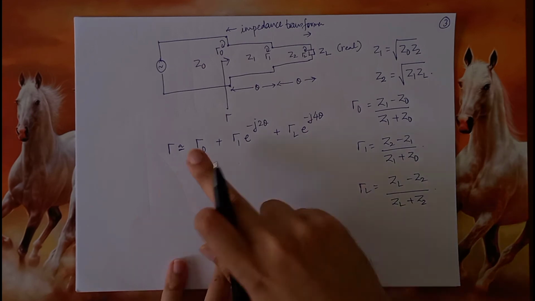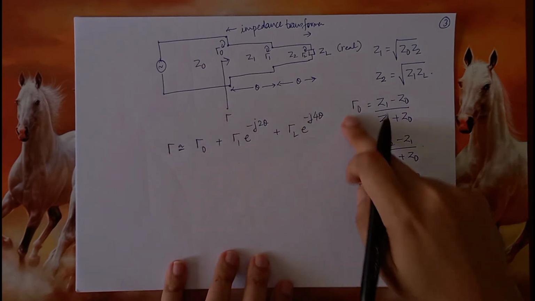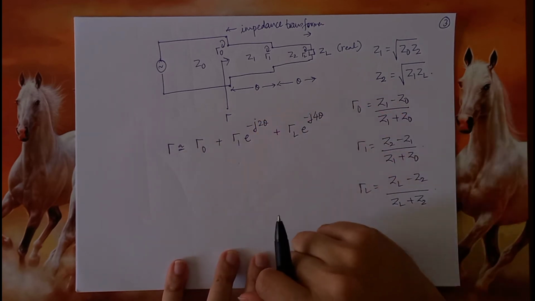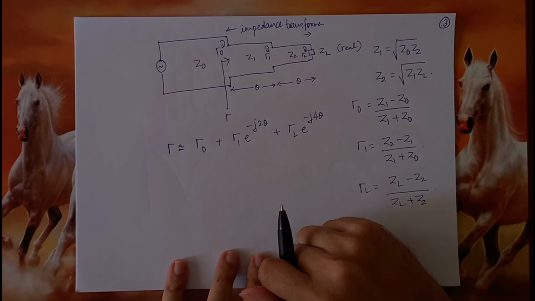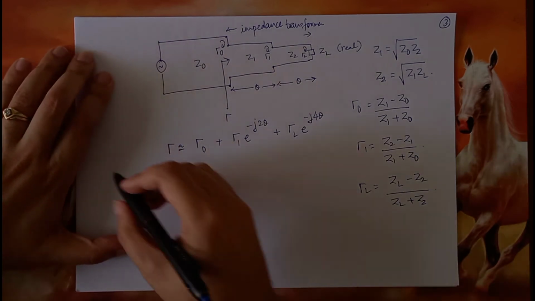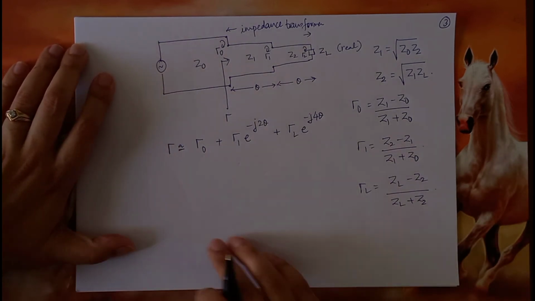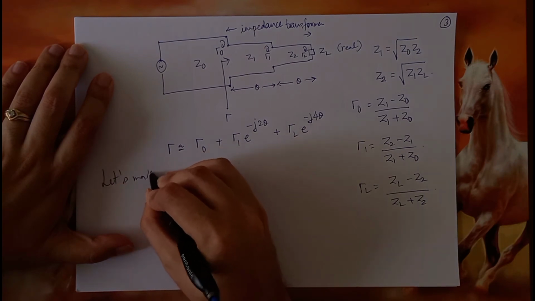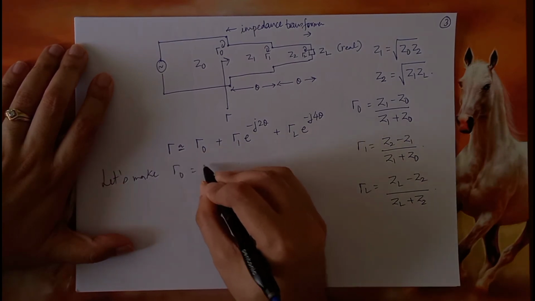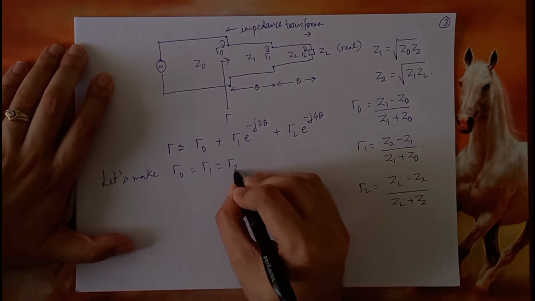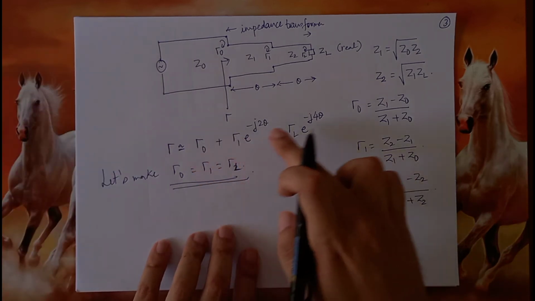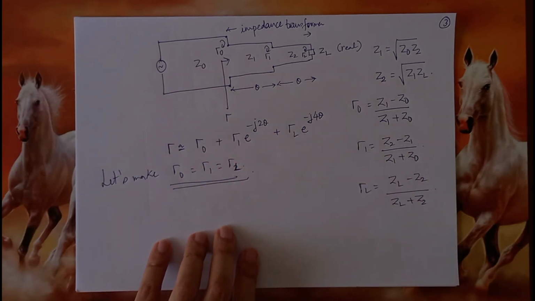So now the question is, is there any way to find out for what values of theta we can make gamma minimum? One thing that we will try, just like the previous case, is to make gamma 0 equal to gamma 1 equal to gamma L. Let's make each of these individual gammas equal.